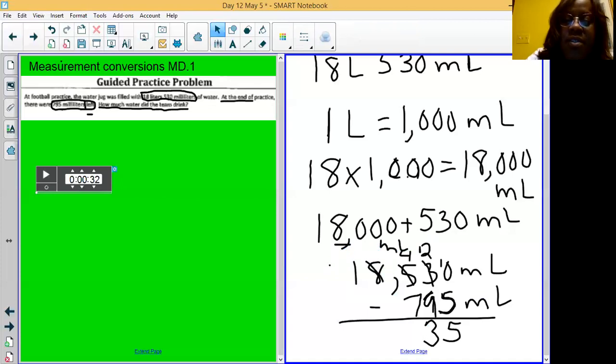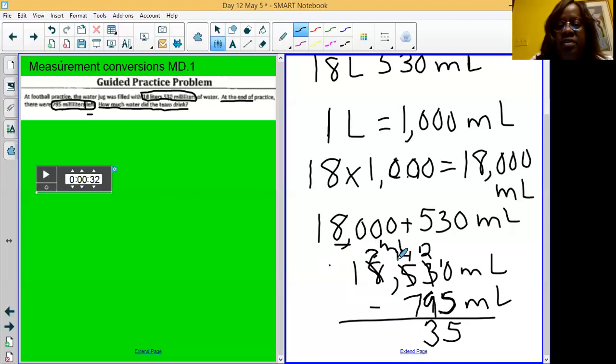My 8 is now a 7. And now my 4 is a 14. 14 minus 7 gives me 7. And then I bring my other 7 down and my 1. So my final answer should be 17,735. How much water did the team drink?